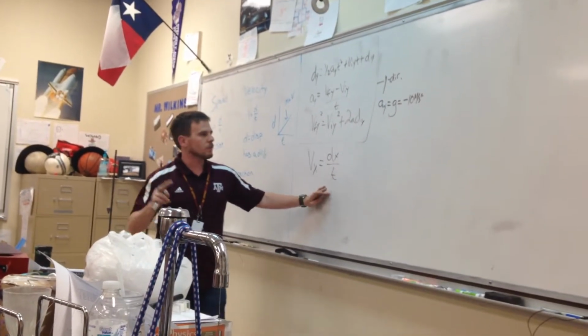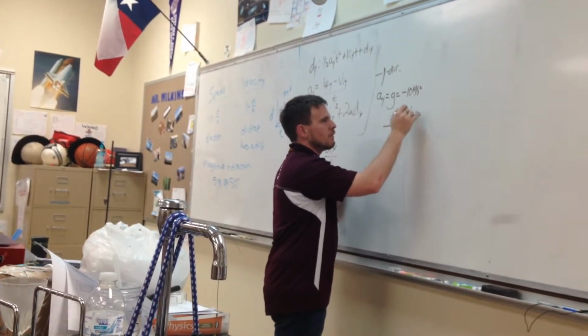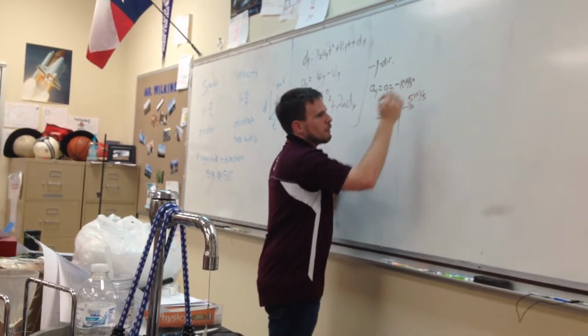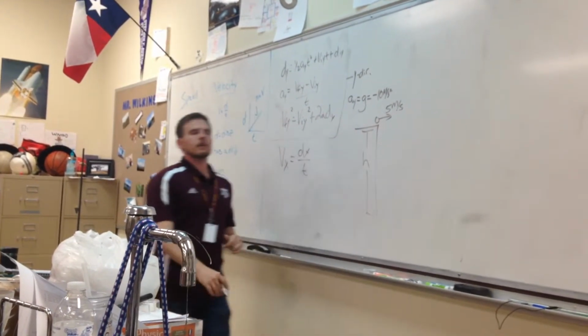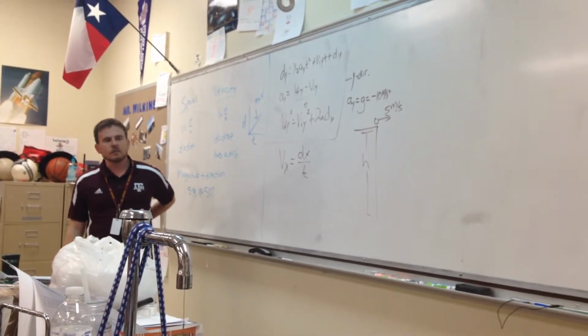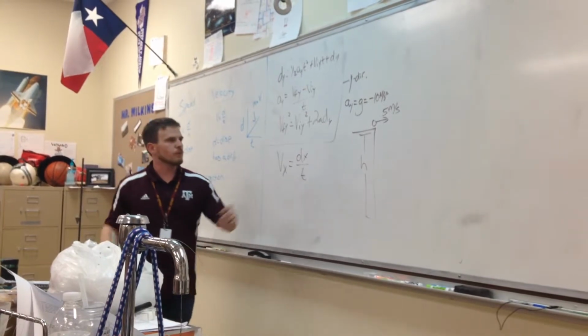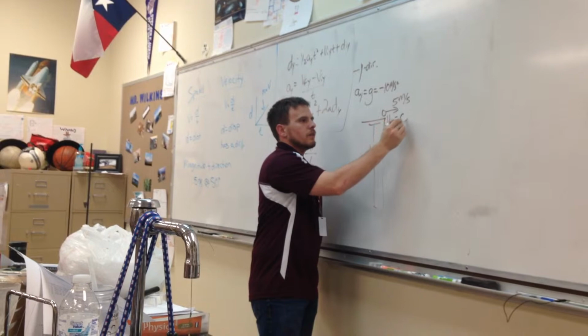There were two types of projectile motion. The first type is if you just shot something off a cliff. Say this thing comes off a cliff at 5 meters per second. It comes off from some height h, all right, and you're trying to figure out stuff about it. Whenever things are shot off a cliff like this, if it's horizontal motion at the start, the initial velocity in the y is what? 0.